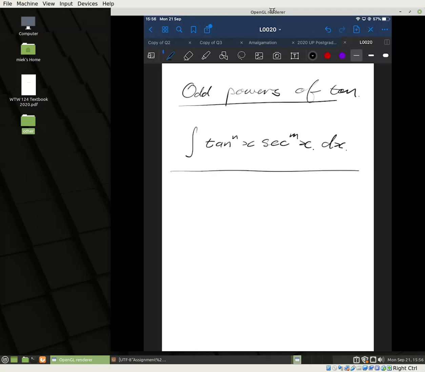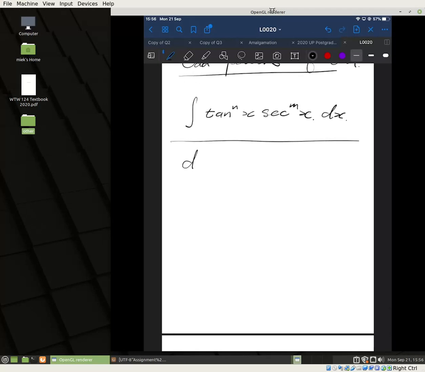And the first thing that we should remember is what is the derivative of tan and what is the derivative of sec. So the derivative of tan is sec squared, and the derivative of sec is sec x tan x.